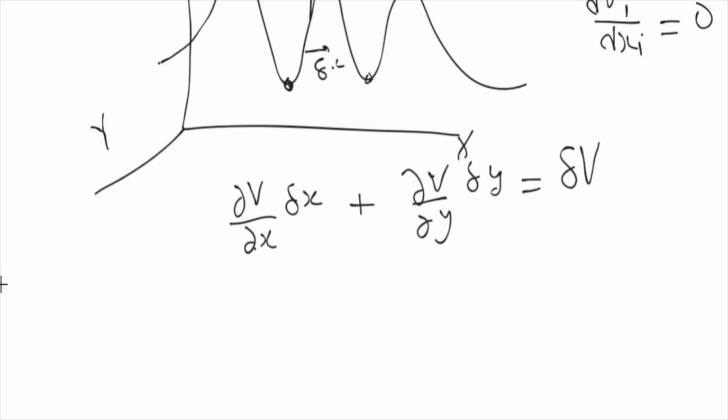And the condition of equilibrium is just like the earlier one, that delta v is equal to 0 for every possible choice of delta x, delta y, or we can say every possible choice of variation.